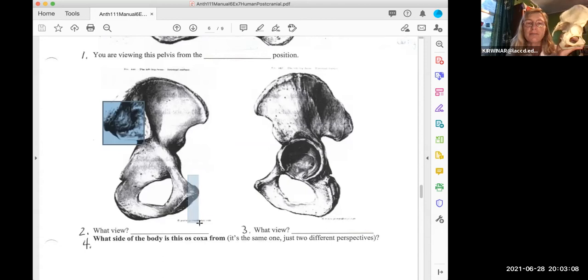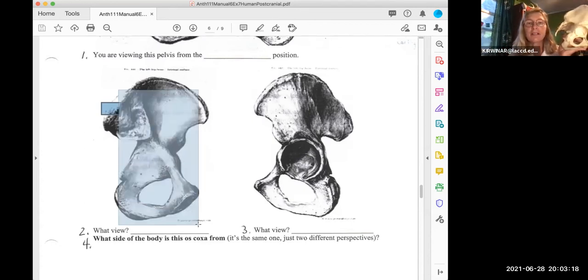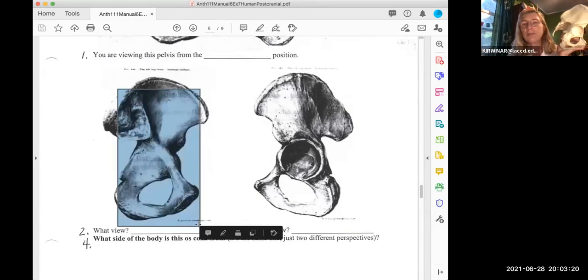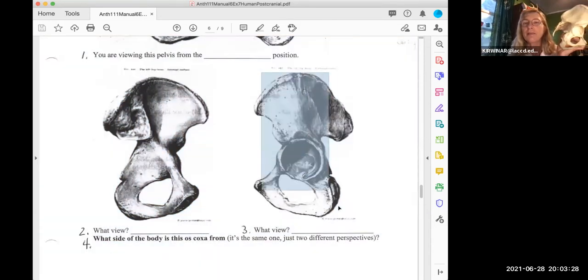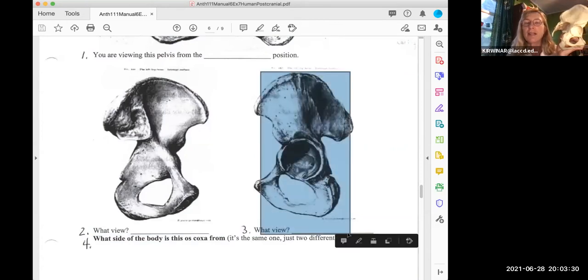So if this is the front and this is the back, and we're looking outward at the medial side, then we know that this is a left os coxa on the bottom of the page that's highlighted on the screen right now. And on the right side of the bottom of the page, it's the left os coxa looking at the lateral side of it.